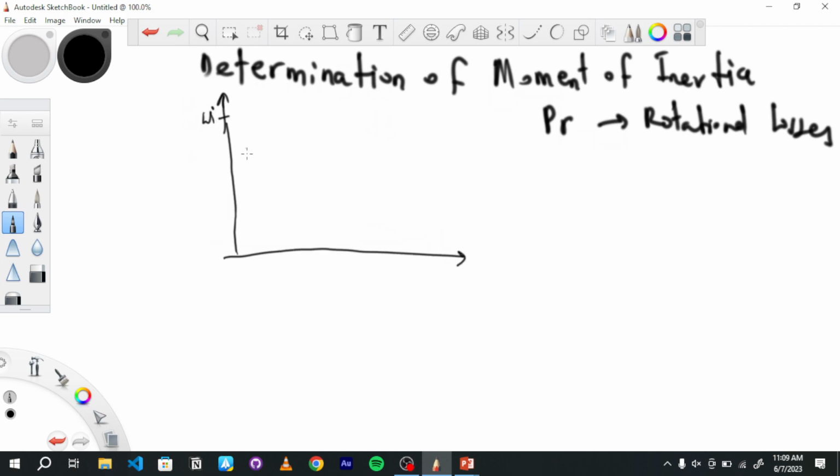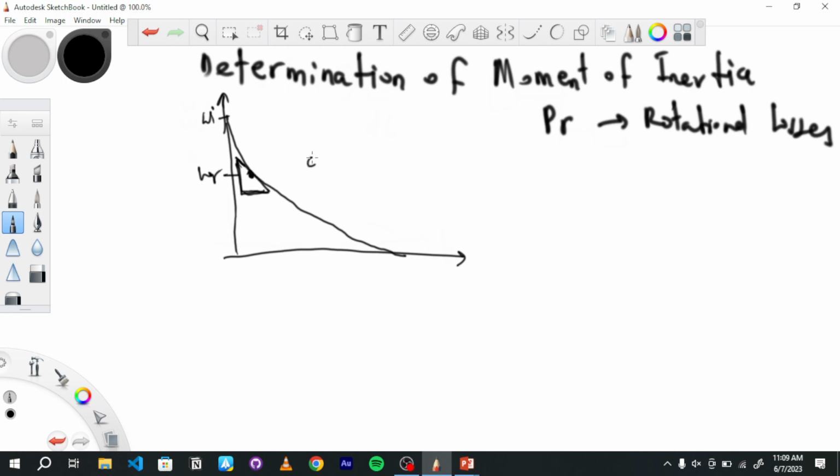We have a speed above the rated speed, and the rated speed, which I call omega r here. The speed reduces with time, something like this. Now what you do is find the gradient of this curve at the rated speed. Just draw a tangent and find the gradient at that point.